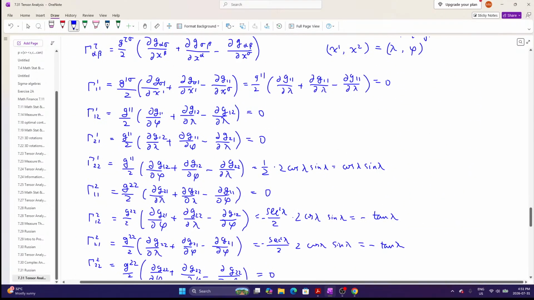Let me give a little bit of a hint of what we're going to do next. Next time we will be covering covariant differentiation, which is an application of the Christoffel symbol.